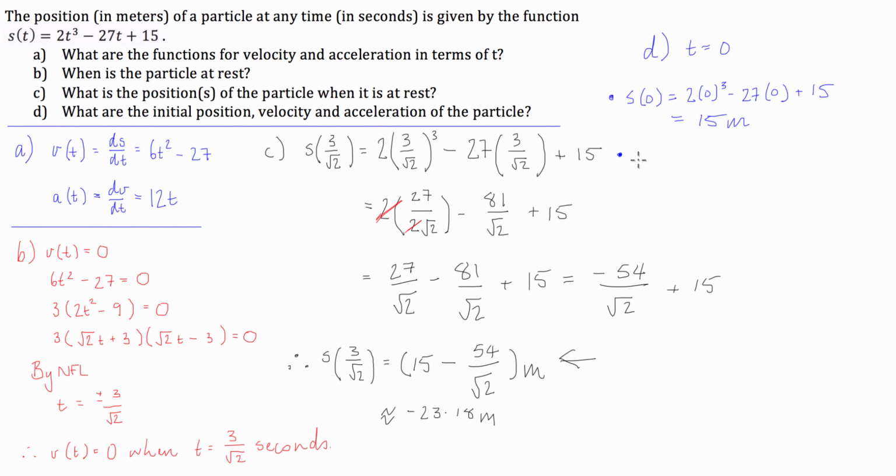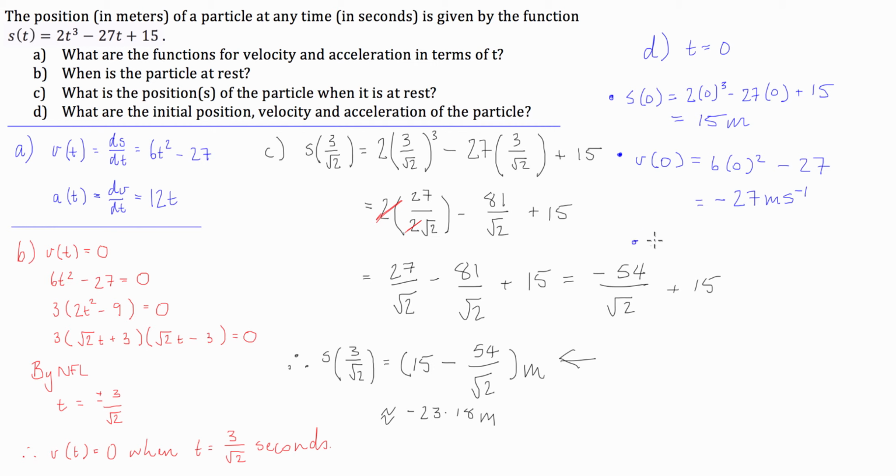The second one is v at 0. So we know that our velocity equation is here, 6t squared minus 27. So it's 6 times 0 squared minus 27. So that's going to be equal to negative 27 meters per second.